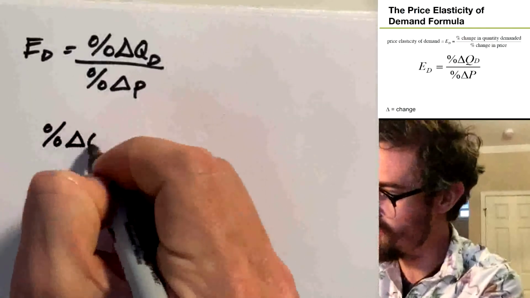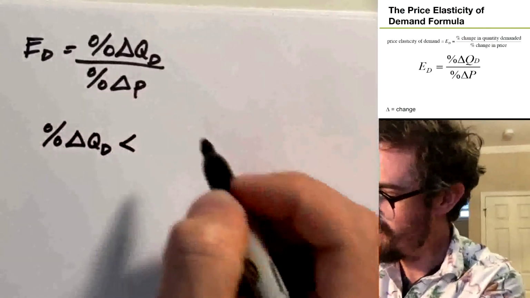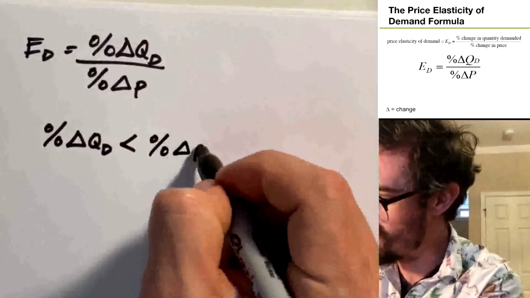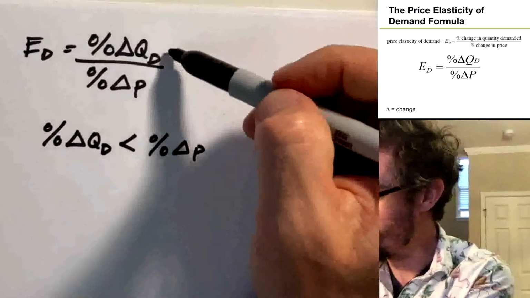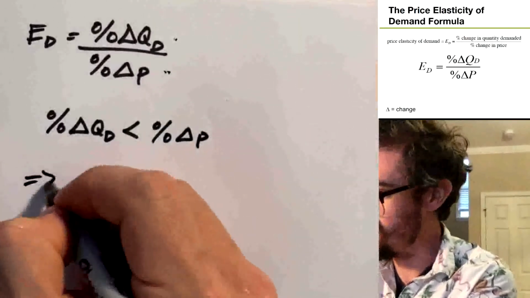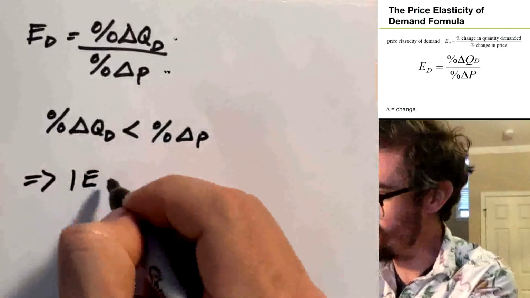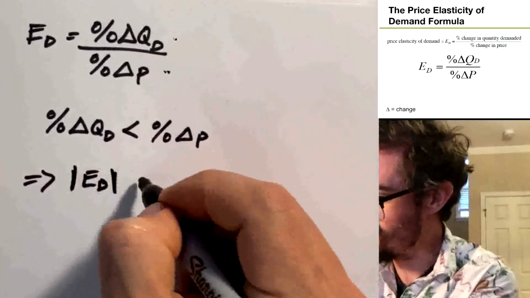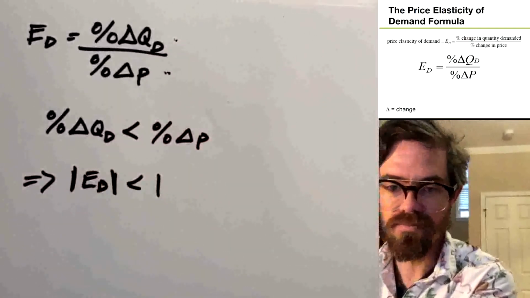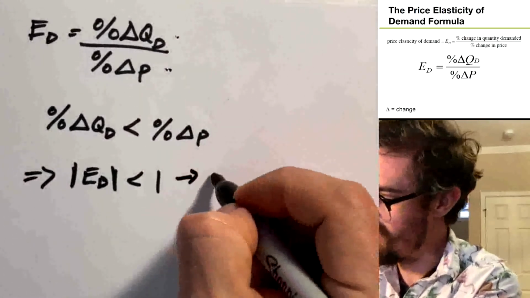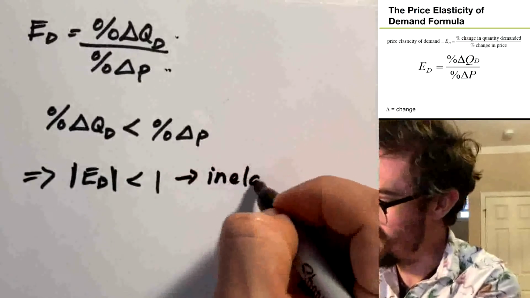So the percent change in quantity demanded is smaller than the percent change in price, or in other words, the top is now smaller than the bottom. Of course, that means that the absolute value of the price elasticity of demand is going to be less than 1, right? And when that happens, we have relatively inelastic demand.